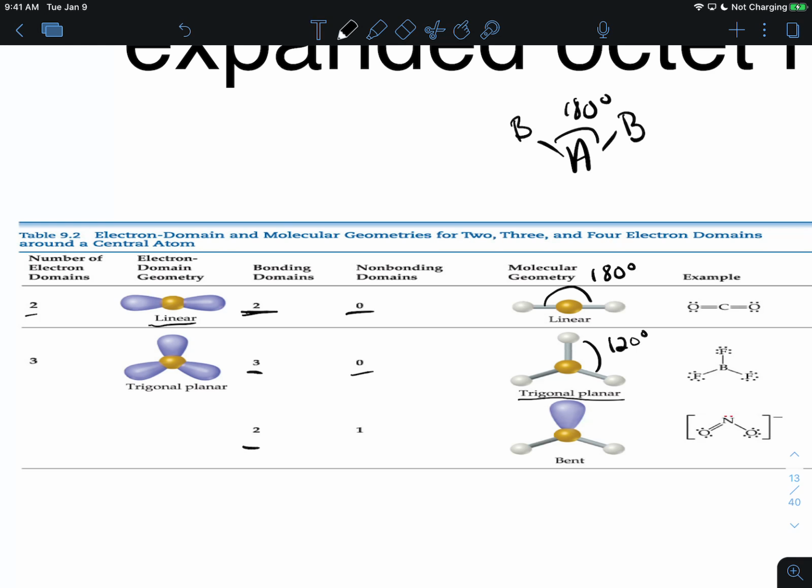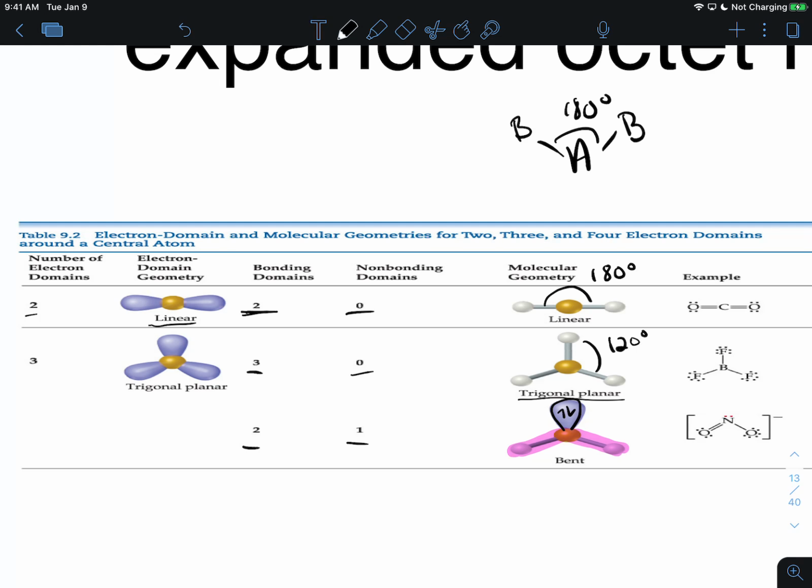If we replace one of those bonding domains with a non-bonding domain, so we put an electron pair in there, now we're just looking at the molecule in terms of the atoms that make it up, and we're kind of ignoring that lone pair. It's still affecting the bond angle, but it's taking up space without being observed.